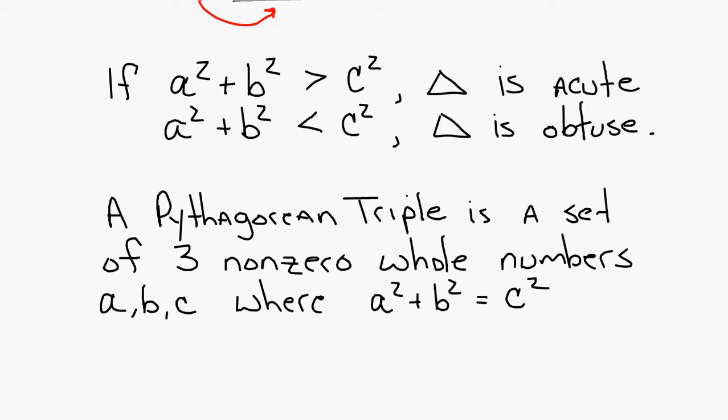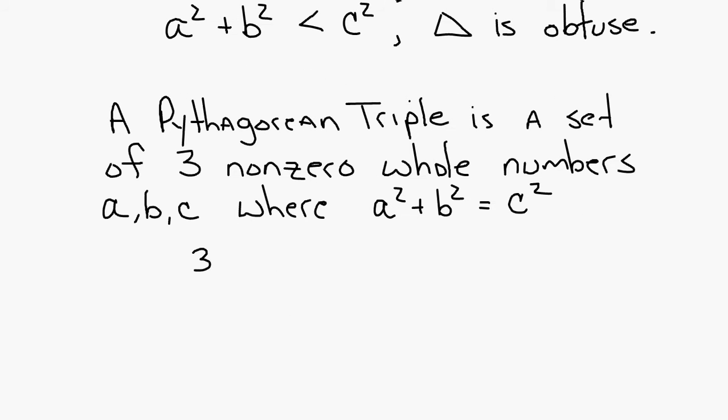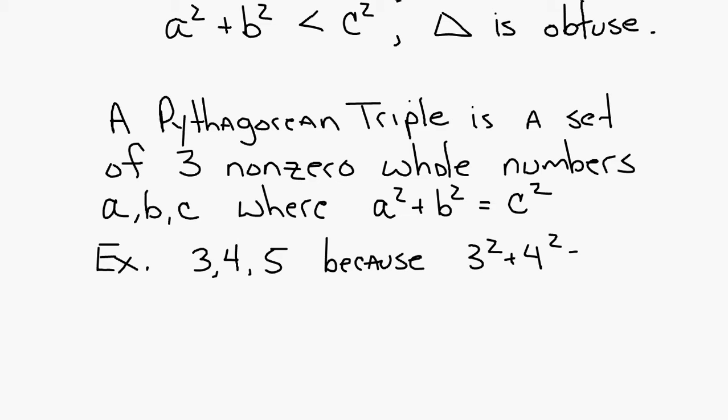An example of a Pythagorean triple would be 3, 4, and 5, because 3 squared plus 4 squared equals 5 squared. All right, 9 plus 16 equals 25.